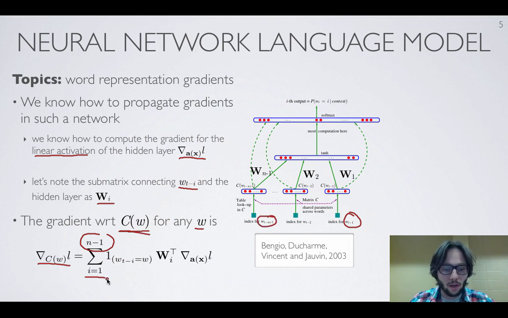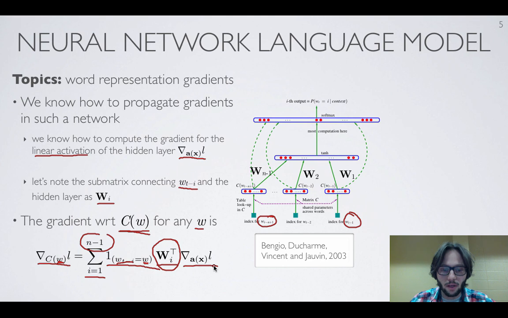So we sum over all relative positions, and then if the word at that relative position is the word w, then we add the gradient at the hidden layer multiplied by the transpose of the part of the connection matrix that connects the representation of the word at relative position i with the hidden layer. So that's W_i.